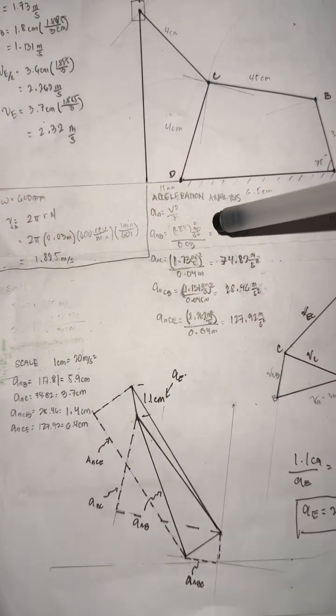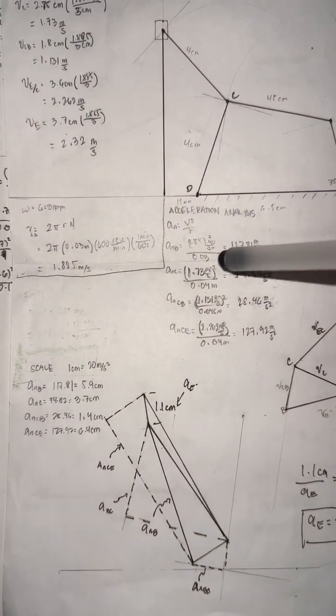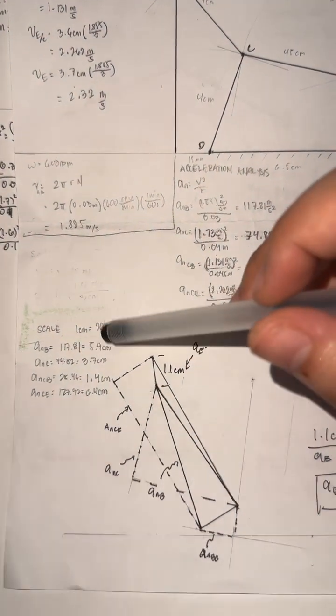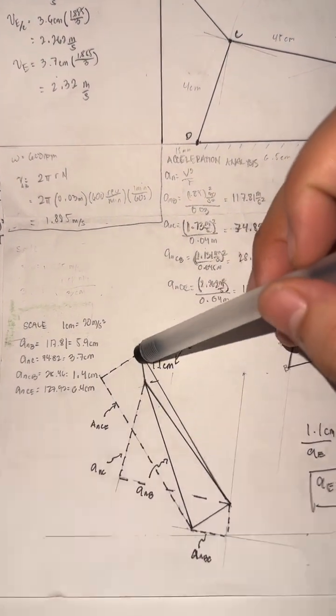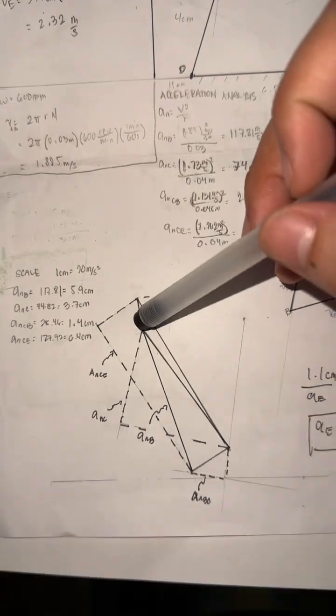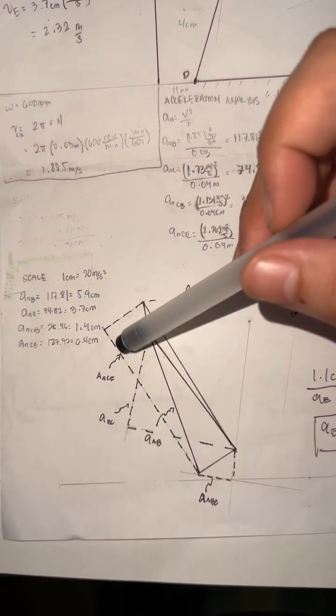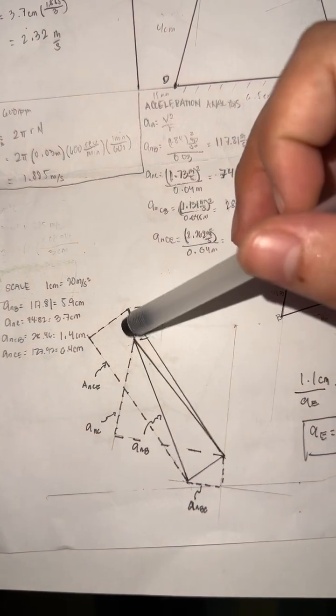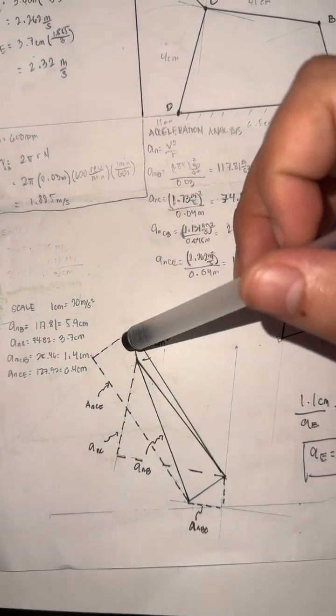So in computing the acceleration, we get all of these values, and then once we get all of those values, this one is from the tangential movements of the acceleration of the mechanism.